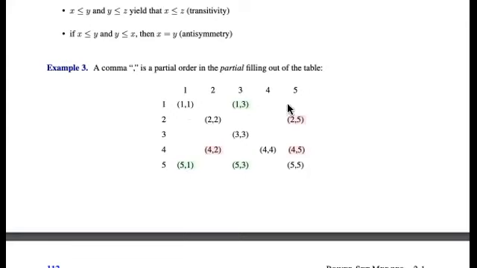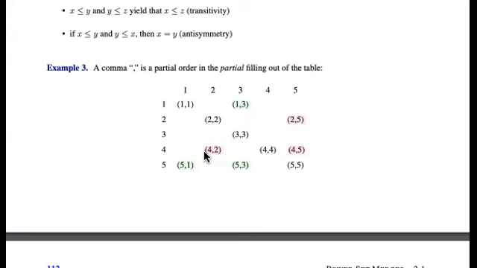So from here to here, across the diagonal, it's not there. If I reflect across, it's not there. That would be anti-symmetry. So we have reflexivity down the middle, and anti-symmetry across the diagonal. We don't see the opposite on the other side, so we have anti-symmetry.